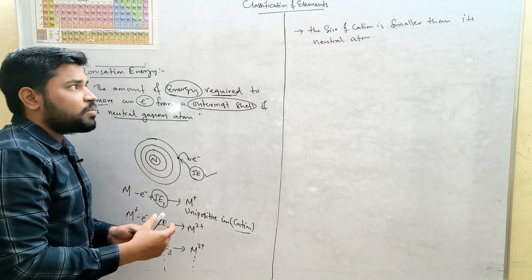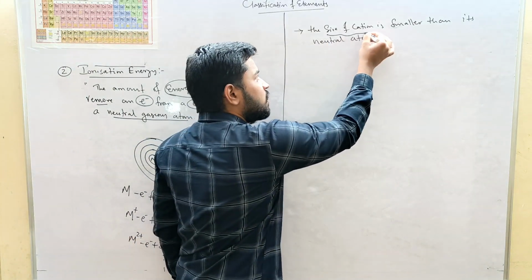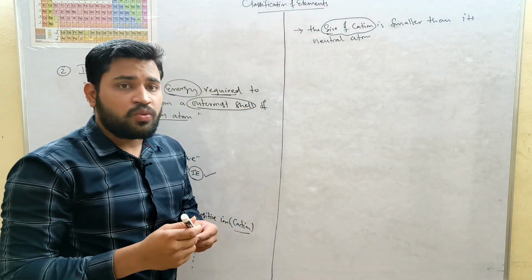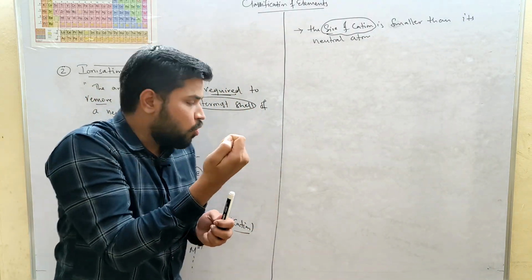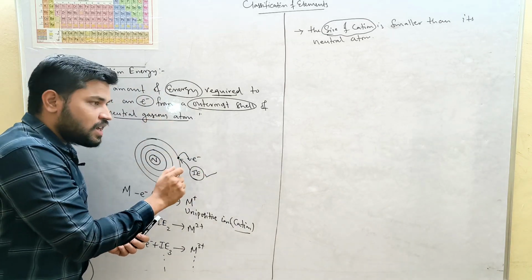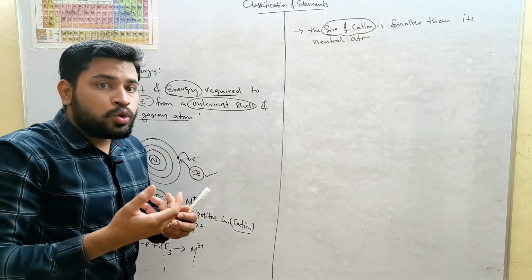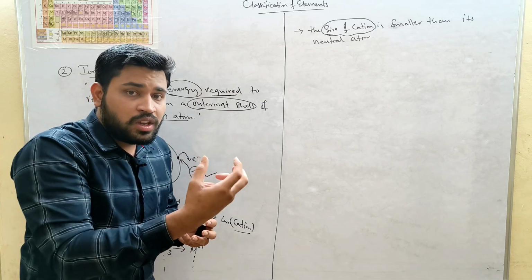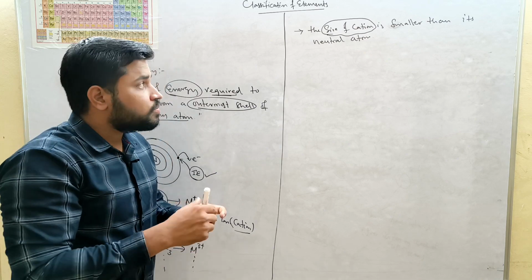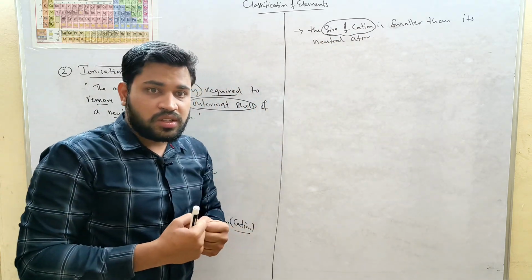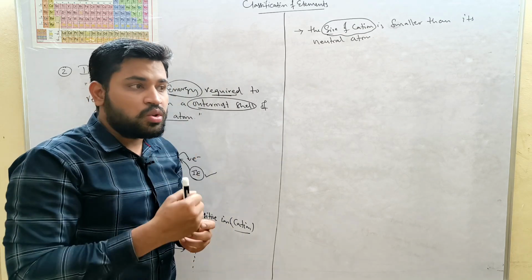So in this case, the size of the cation is becoming smaller. Yesterday I told you the reason: once an electron is removed from the outermost shell of a neutral gaseous atom, the number of protons will be more than the number of electrons. When the protons are more than the electrons, the nuclear force of attraction increases, or the effective nuclear charge increases.